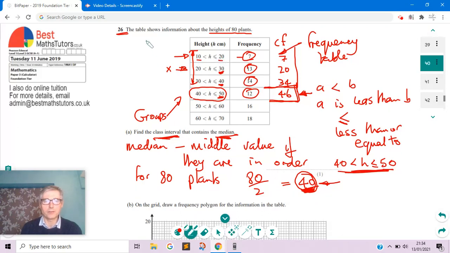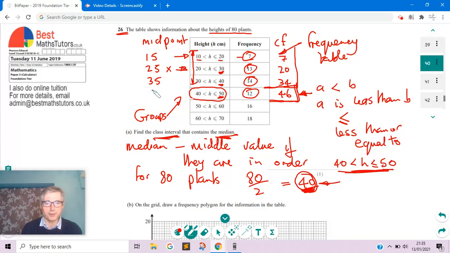We need the midpoint. So I'm going to add an extra column to this, the midpoint of the group. If that goes from 10 to 20, the midpoint of that group is 15. If that goes from 20 to 30, the midpoint of that group is 25. That group would be 35, halfway between 30 and 40.